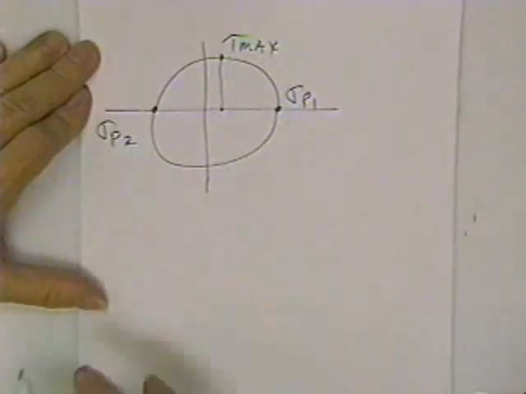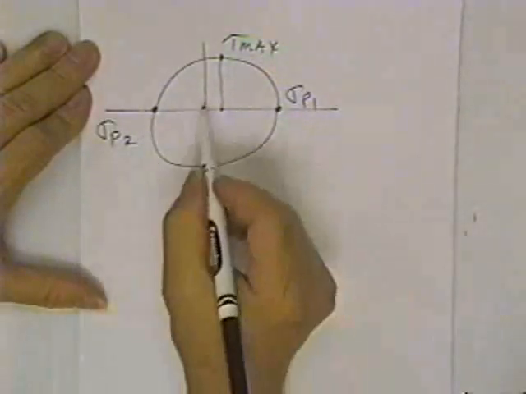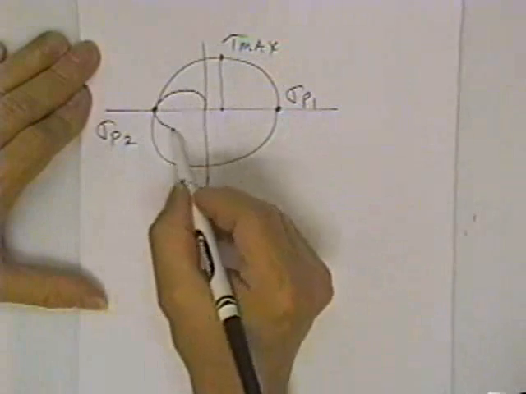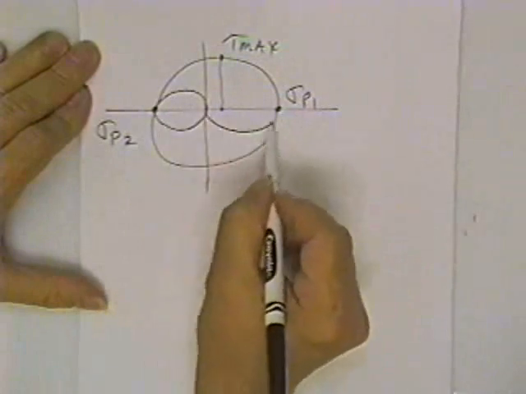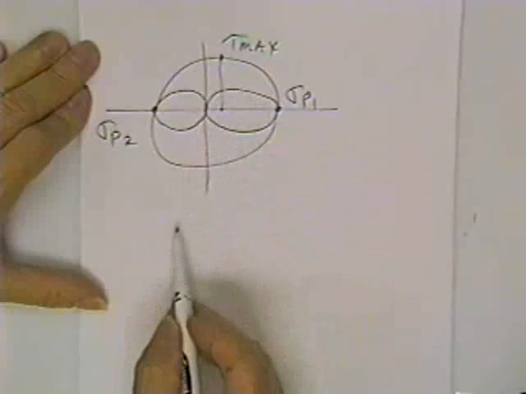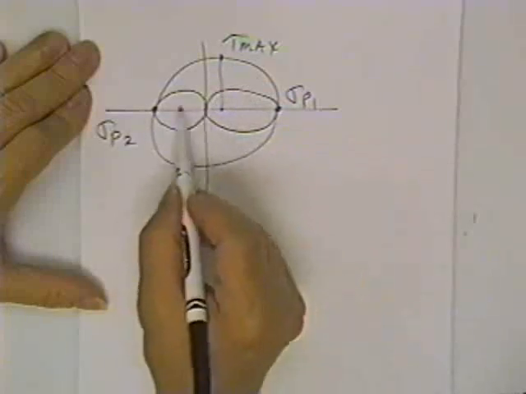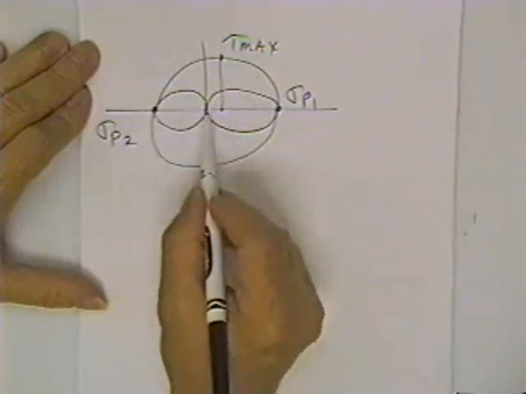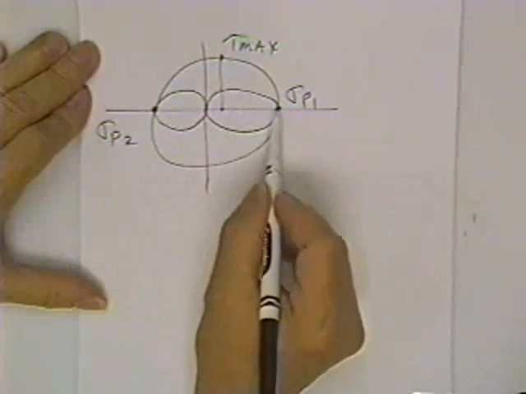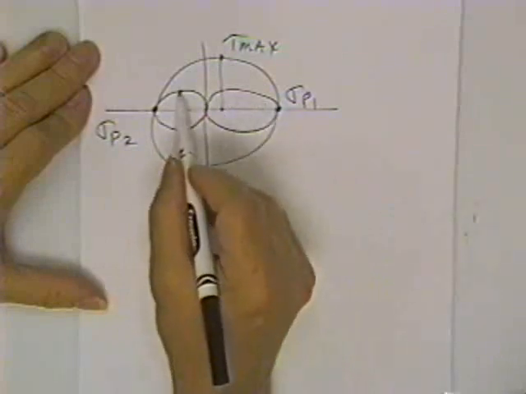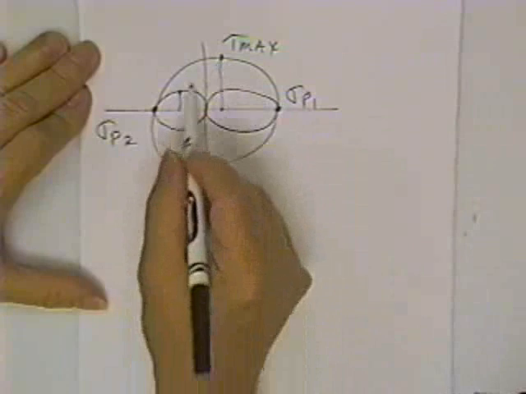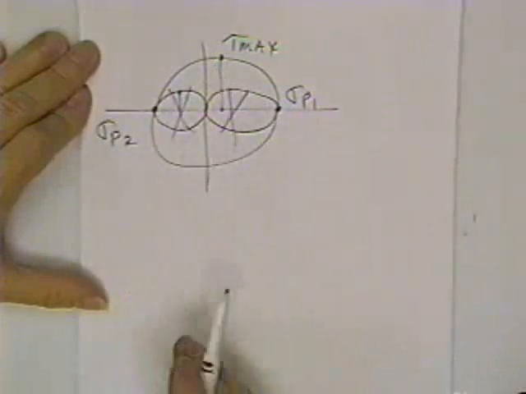The truth is, if you come out of the plane of the blackboard, there's another circle that goes right in there, and another circle that goes right in there. Nobody cares about them because they have the same maximum compression, they have the same maximum tension, and the tau number isn't any bigger than ours, so nobody cares.